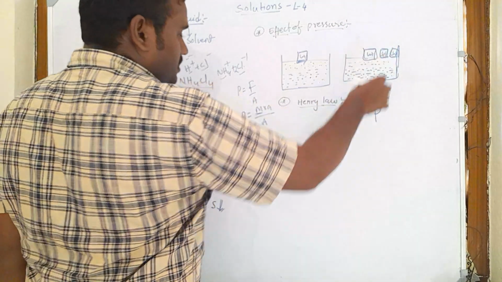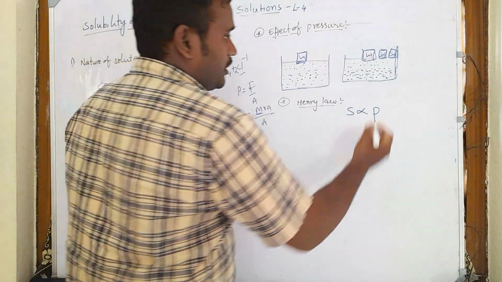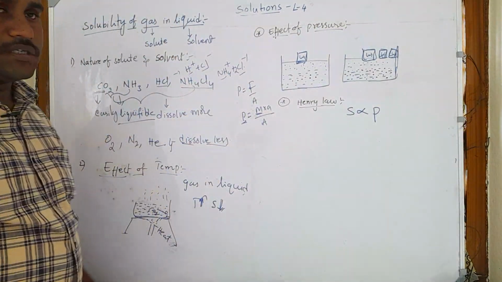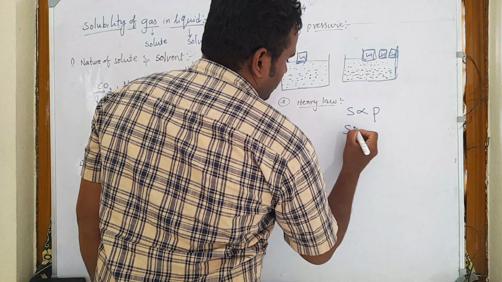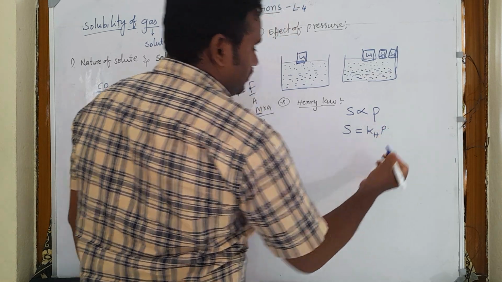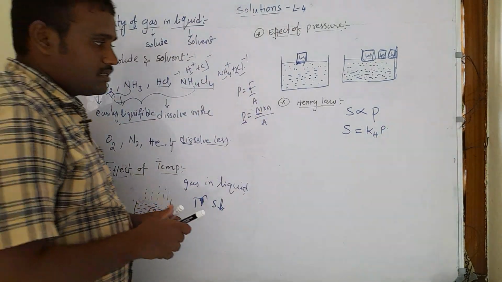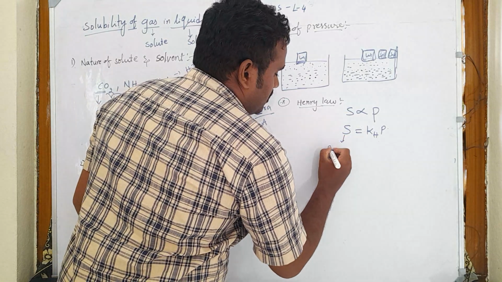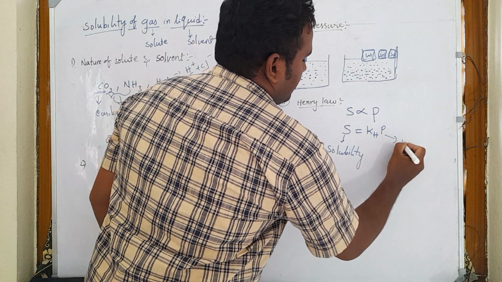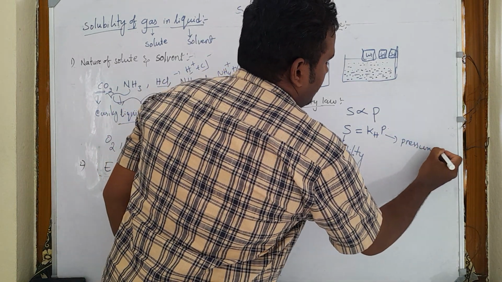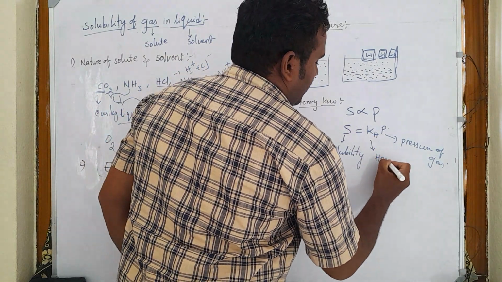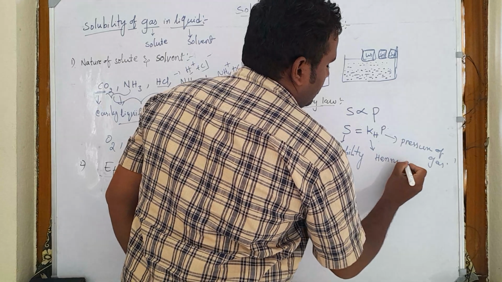As pressure increases, solubility also increases. To remove this proportionality, we keep a constant, called Henry's constant. Here S is the solubility, P is the pressure of the gas and kh is the Henry's constant.